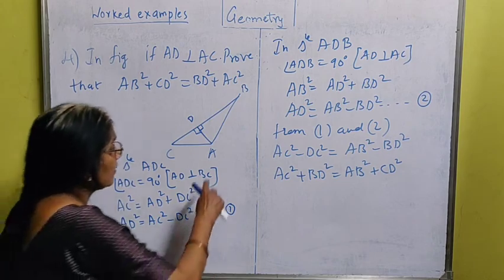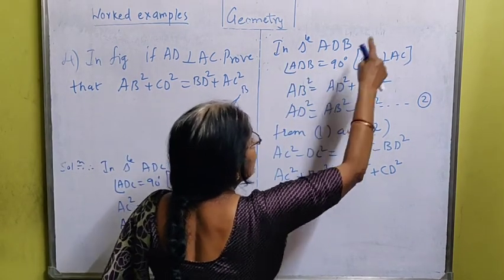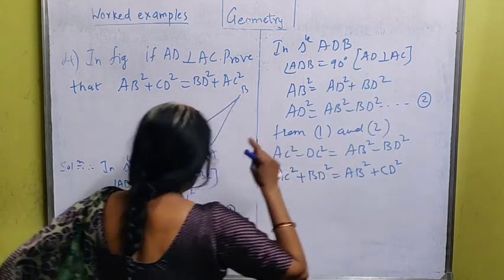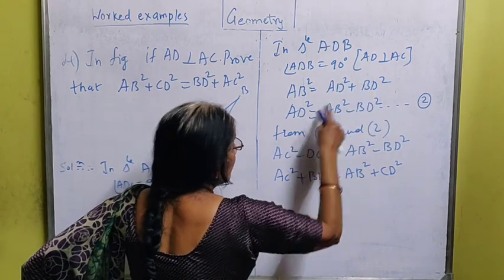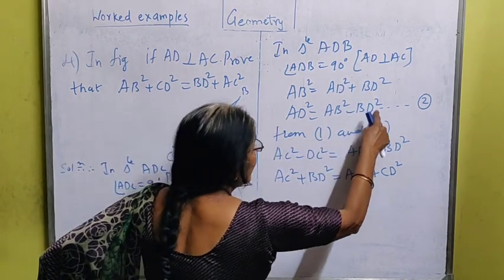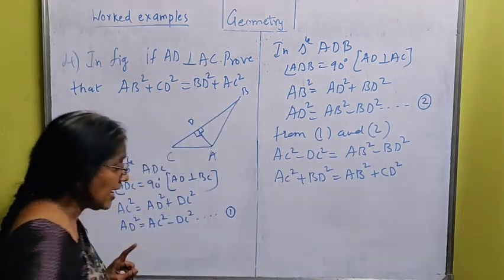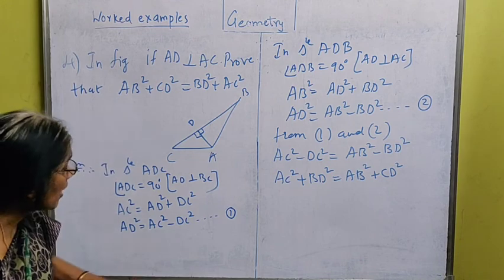Let this be equation number 1. Similarly, let us take the other triangle, ADB. Angle ADB is equal to 90 degrees, same reason, AD is perpendicular to BC. So AB square is equal to AD square plus BD square. AD is the common side, so AD square is equal to AB square minus BD square. Axiom 1: things which are equal to the same thing are equal to one another.